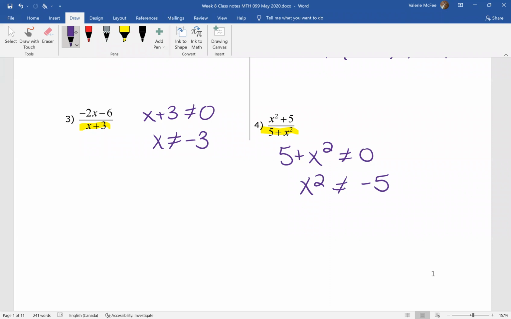Now, I hope you're already thinking if I square x and x is a real number, it's never going to equal -5. And in fact, if we take the square root of both sides, we have the square root of a negative number. This tells me there are no restrictions.